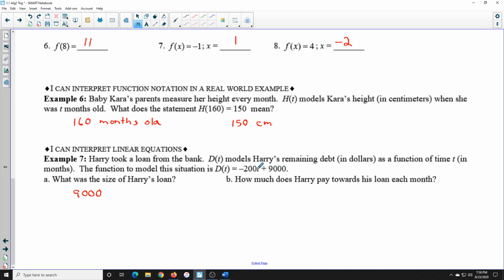If we were to plug a 2 in for t, that would be a -400. So after 2 months, he's paid $400. So that would go down to 8,600. So just using logic, we can figure out that it is $200 is what the payment is every month. So 200. Okay. So I might want to say, let's say dollars on both of these. And that's it for section 1.1.